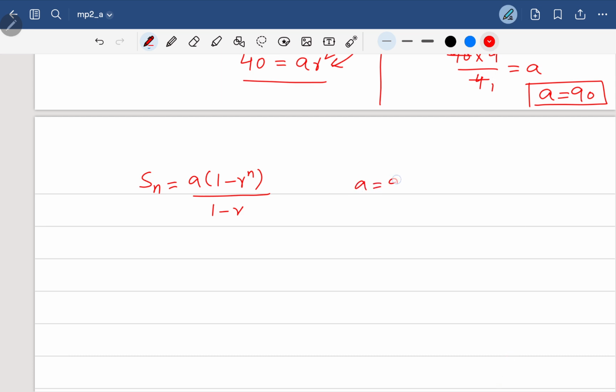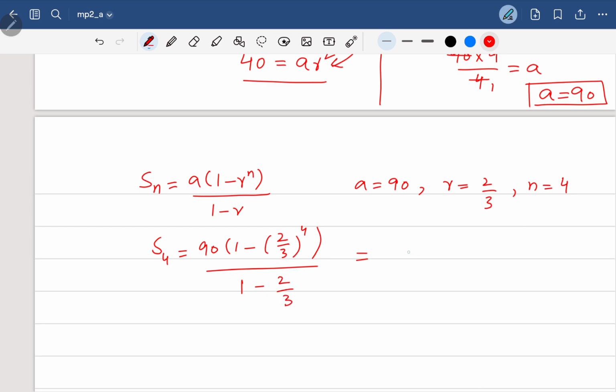A is 90, r is 2 over 3, and n should be 4 because we need to work out the sum of the first 4 terms. So it will be 4 over 1 minus r, which is 2 over 3.